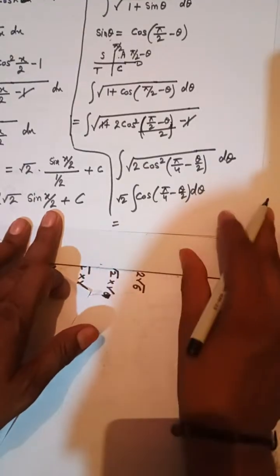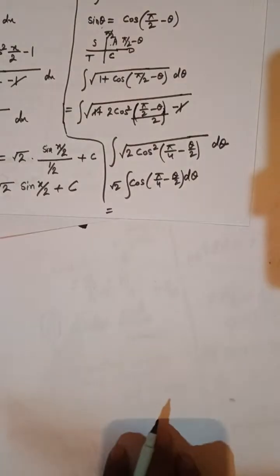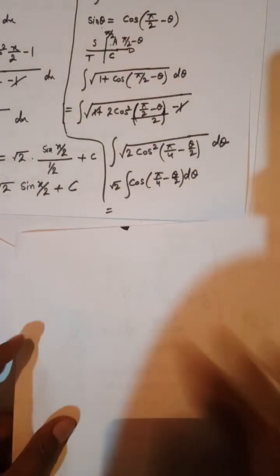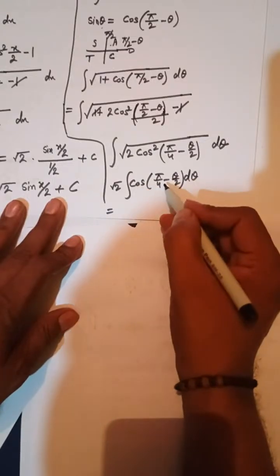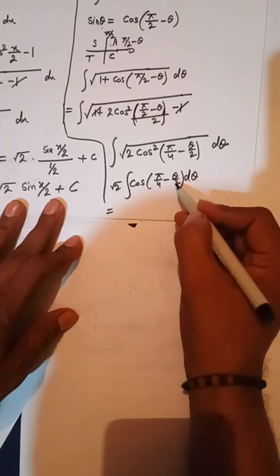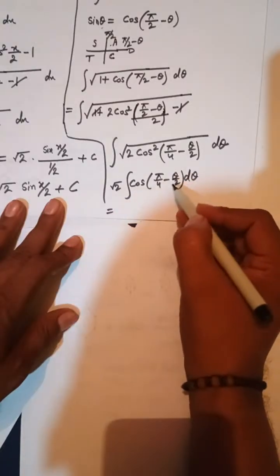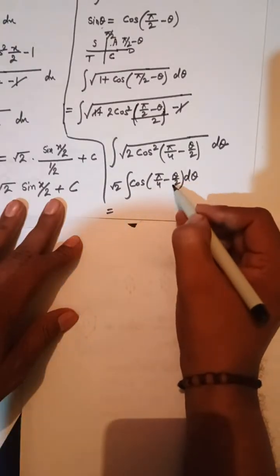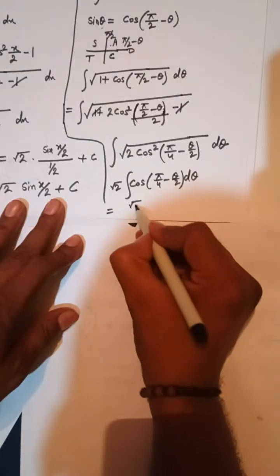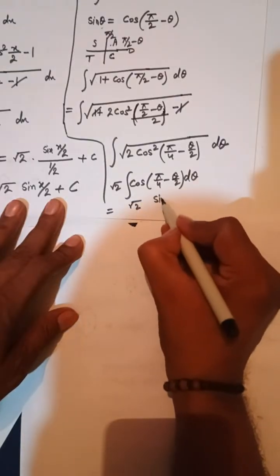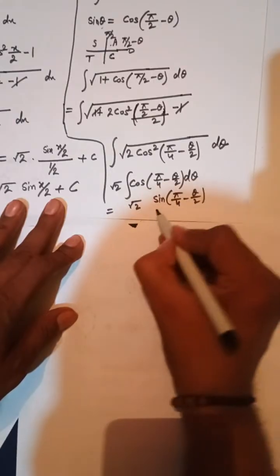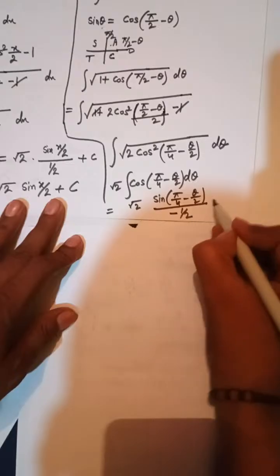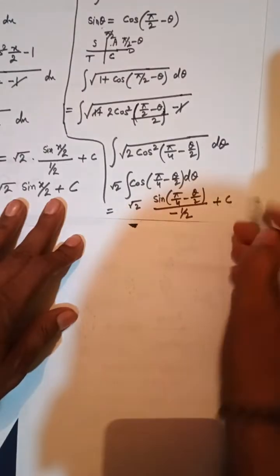This will be easier to find. The integration of cos gives sine of pi by 4 minus theta by 2, and the variable is theta with coefficient minus 1 by 2. So we get 2 sine of pi by 4 minus theta by 2 divided by minus 1 by 2, plus c.